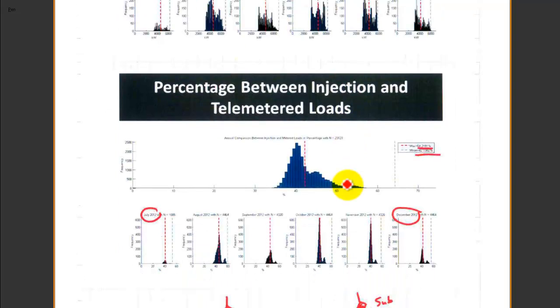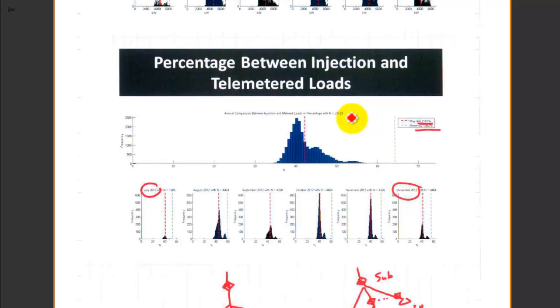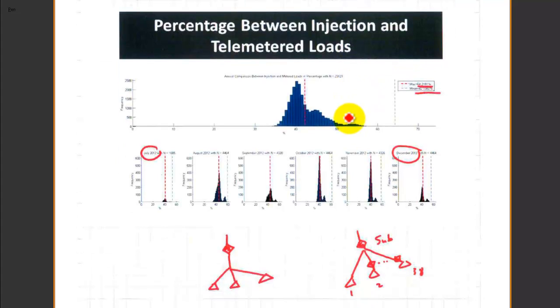And then this is the percentage between the injection and the telemetered load. We're talking about the ratio between the 11 buildings and the substation's feeder head meters. It changes from a maximum of 65% all the way down to a 42% mean value, so the coverage is pretty much around 40%.